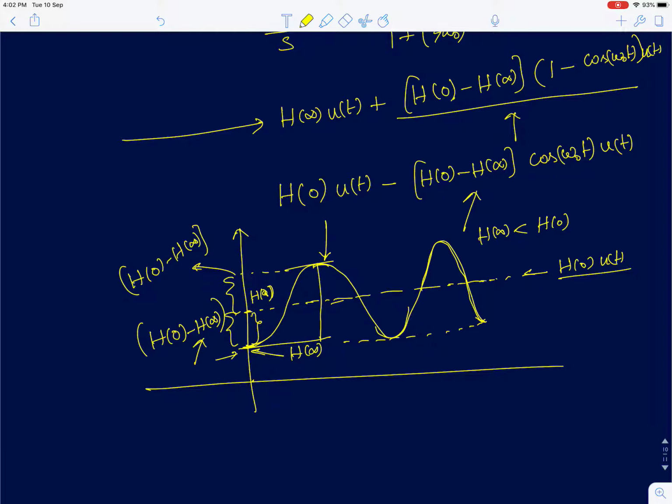Eventually the DC gain of the system is h of 0. You have fed a step input, so it should eventually reach h of 0 into u of t, but as I said, it's a lossless second order system, so there will be some oscillatory component.